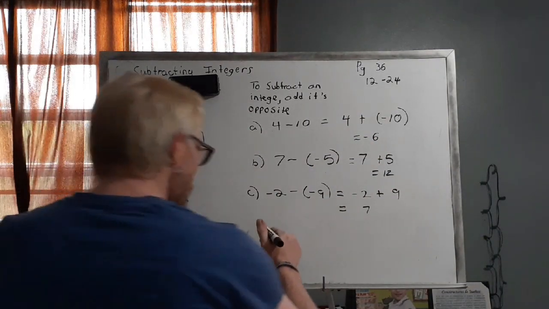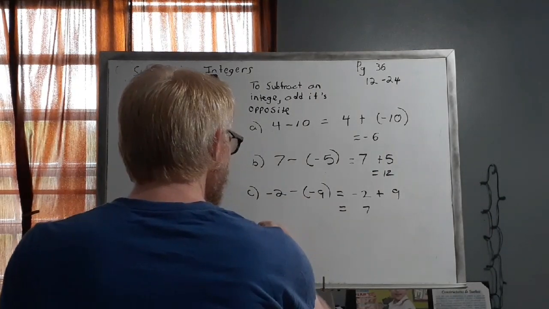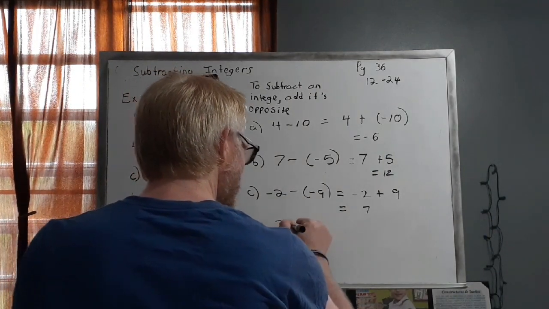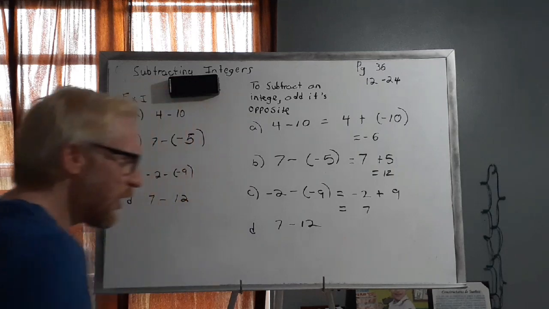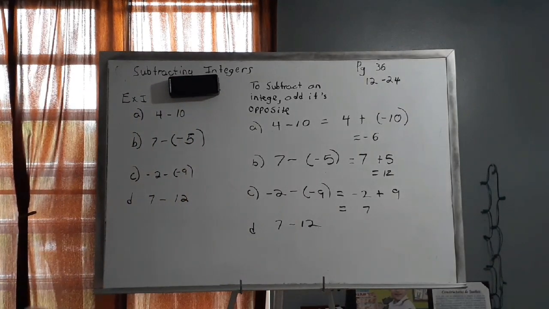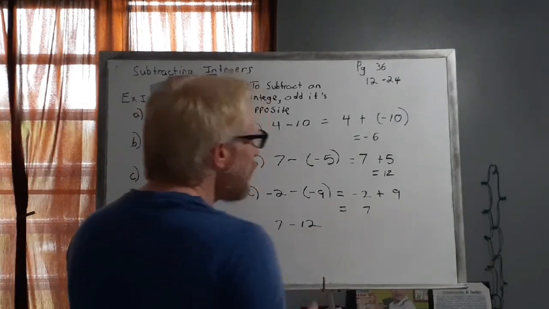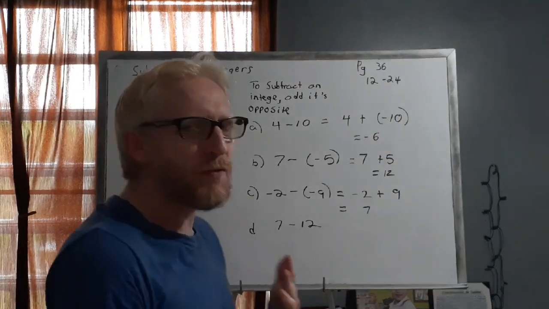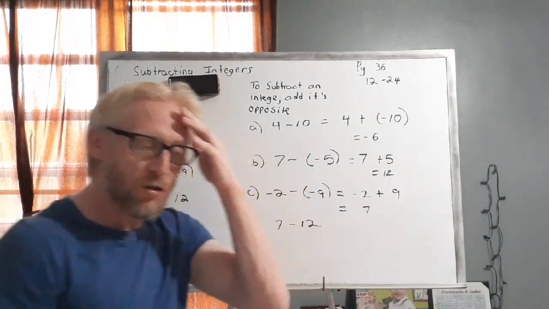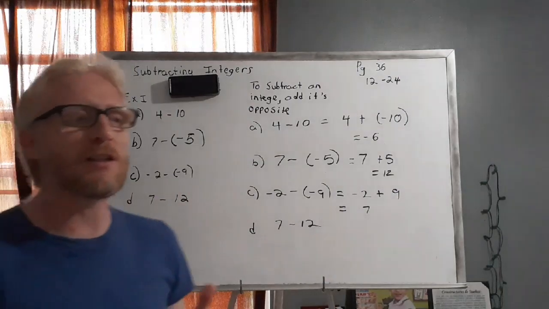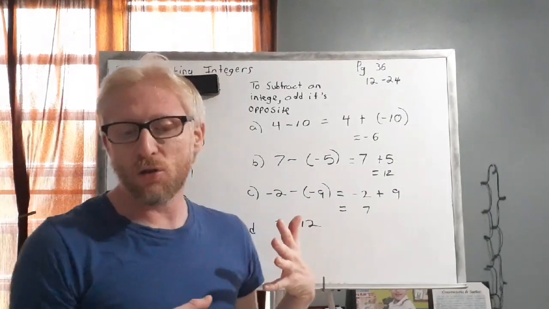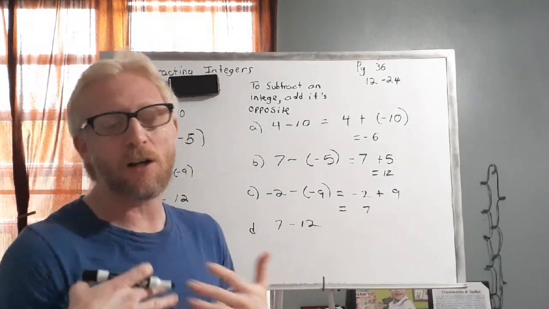And what about D? D says 7 minus 12. The same thing applies. Now, you don't always have to do these steps. In fact, the idea of working with integer operations such as adding or subtracting is that you learn how to do it or review it so much that it comes naturally to you.